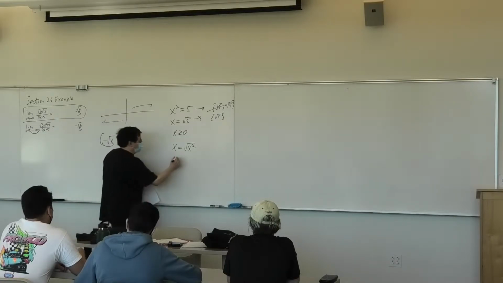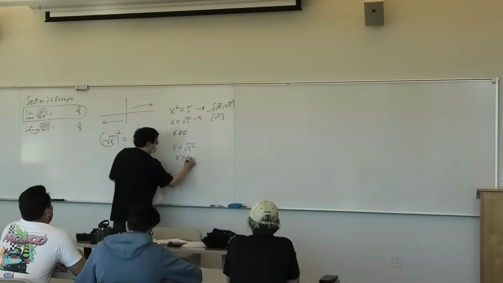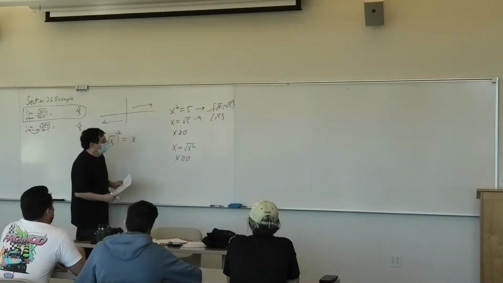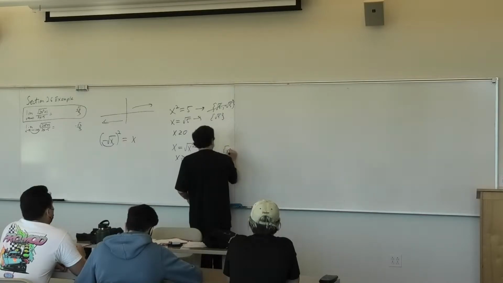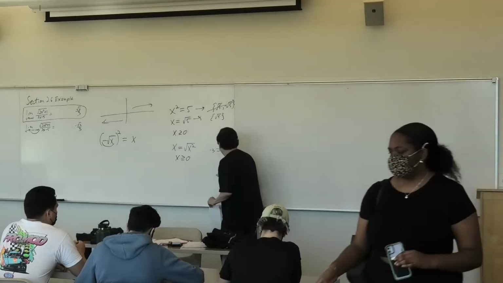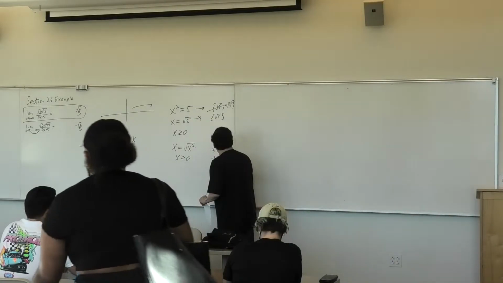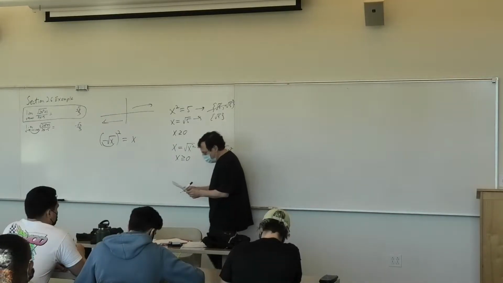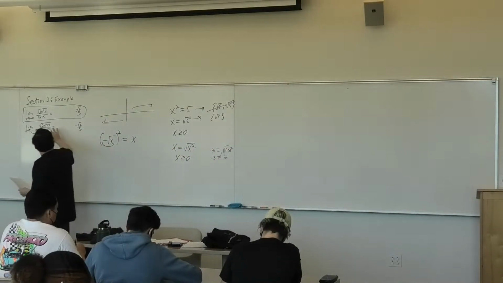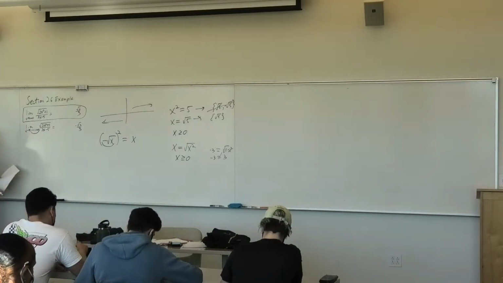It's only true if x is greater than or equal to 0. Like if I plug in -3, we'd get -3 equals 3, which of course is not true. So that's what happens here with this going to negative infinity.